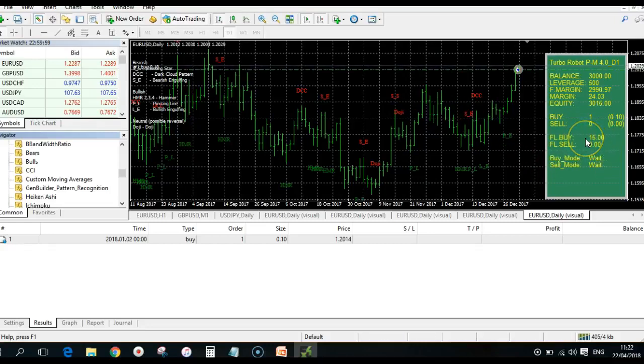It is more than $10 now, because the market keeps moving. I mean, gaining better. So we will be waiting for the closure. Slowly. The moment it reverses back, it will close at your 10 pips.